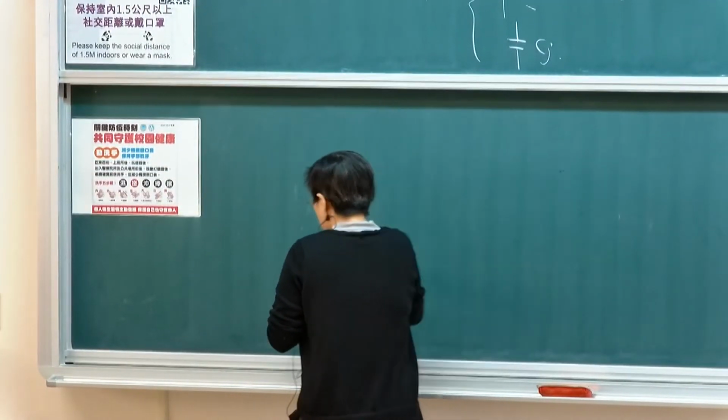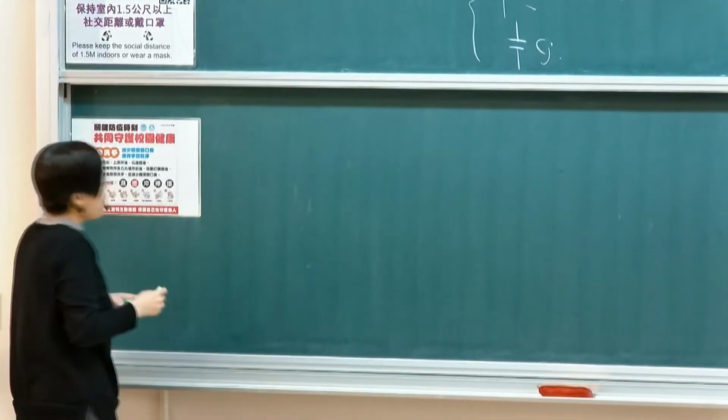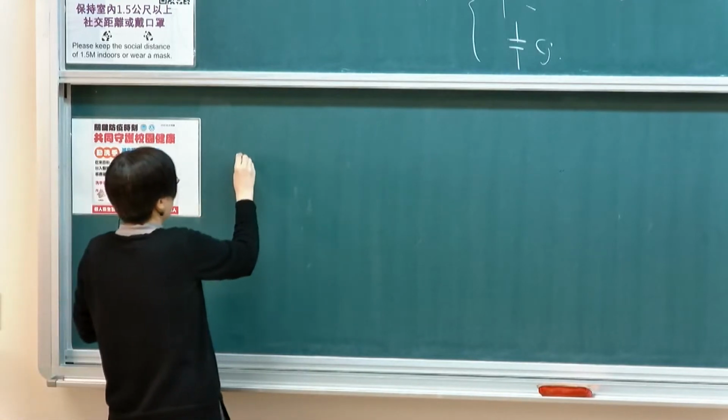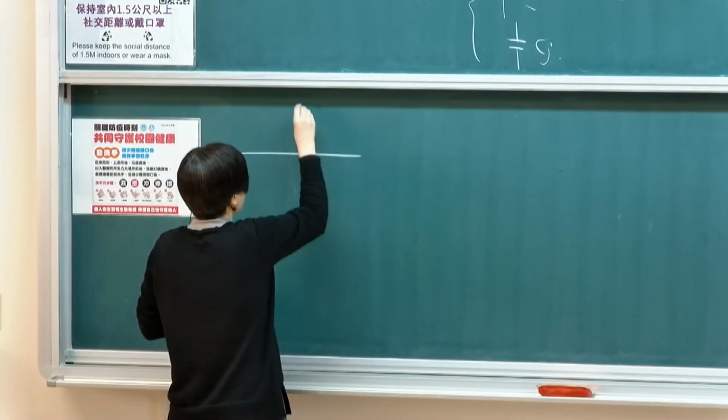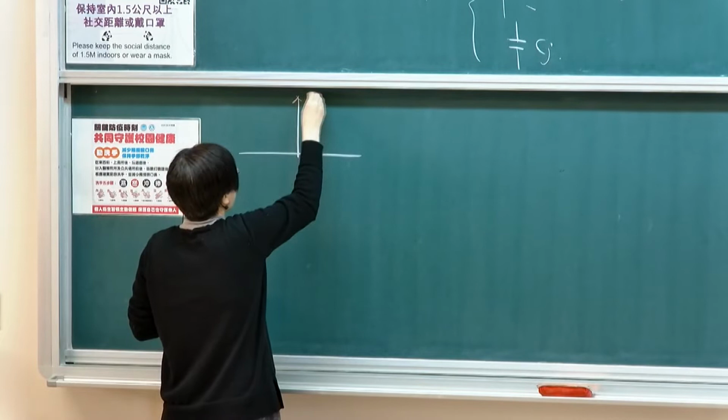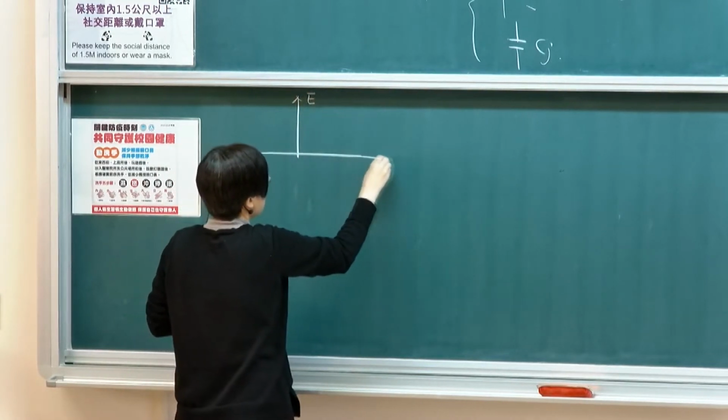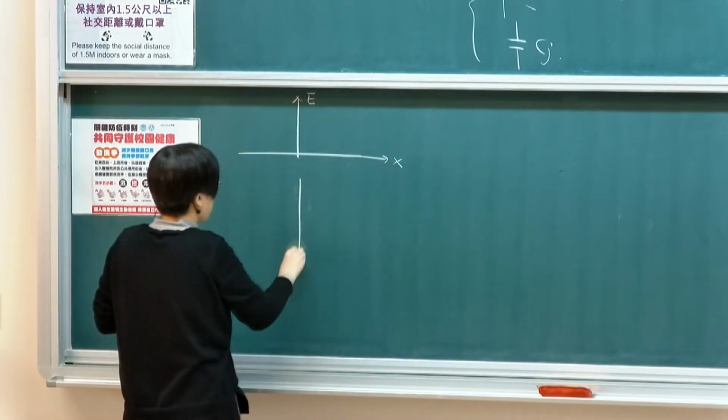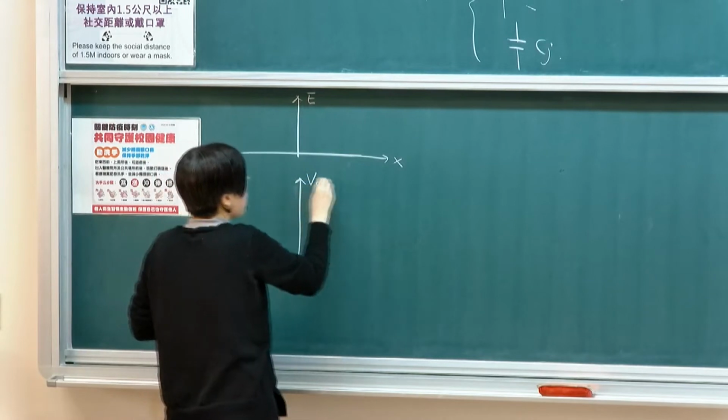So as a review, I'm just going to briefly talk about the key important parameters, which we'd already talked about. I like to plot electric field and voltages along the junction.